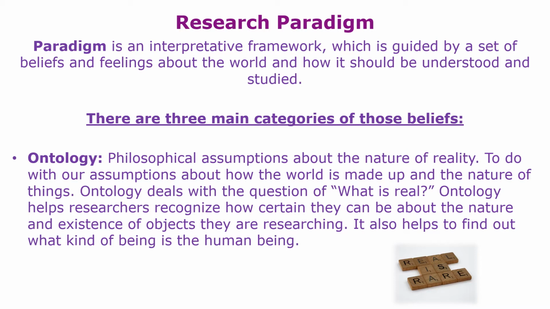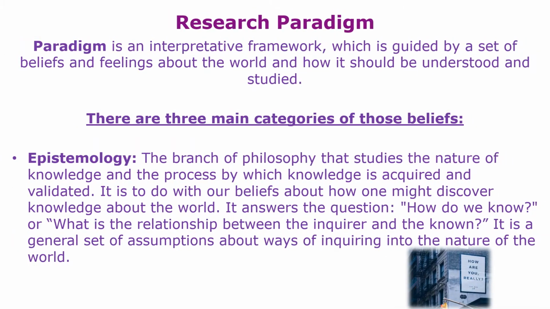Then we go into epistemology. Epistemology is the branch of philosophy that studies the nature of knowledge and the process by which knowledge is acquired and validated. It is to do with our beliefs about how one might discover knowledge about the world. It answers the question, how do we know?